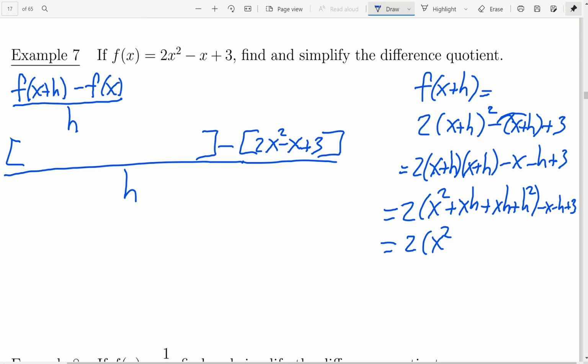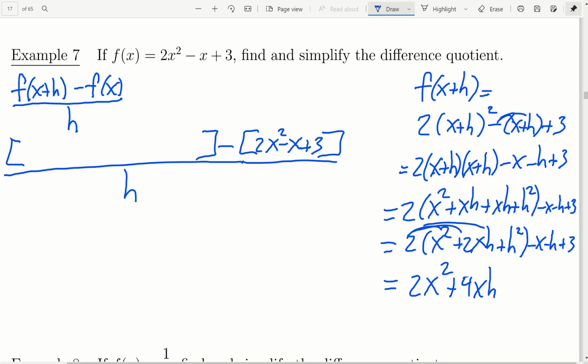Xh plus another xh will give us 2xh. And then lastly, we can eliminate the parentheses by distributing this 2 in. There's no like terms, there's no parentheses, so this would be our simplified version of f of x plus h.